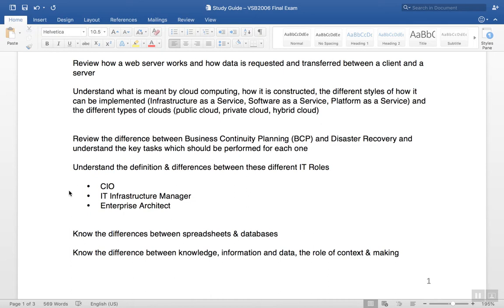And finally, enterprise architect would be the role of an individual responsible for the technical planning and designing of all of the different components and how they all fit together on an end-to-end basis.